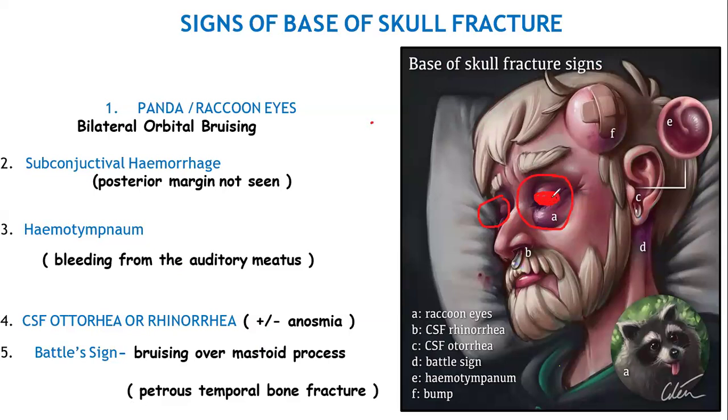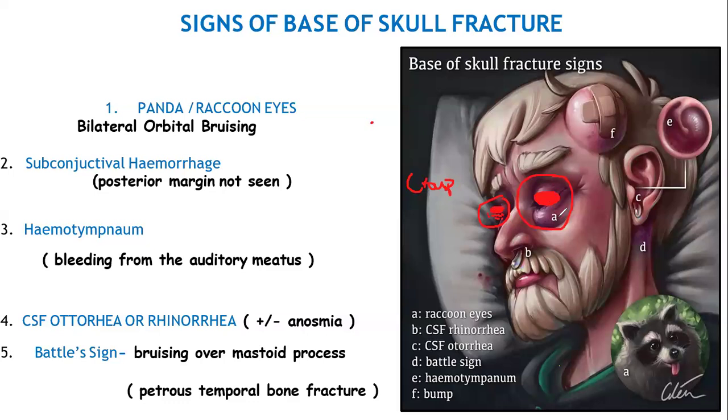If the subconjunctival hemorrhage is due to other organic causes or diseases like in croup, you are able to see the posterior margin of subconjunctival hemorrhage. Like hemorrhage is there, and posteriorly you can appreciate the little whitish part of the conjunctiva. But in traumatic, most commonly, you are not able to appreciate the posterior margin.